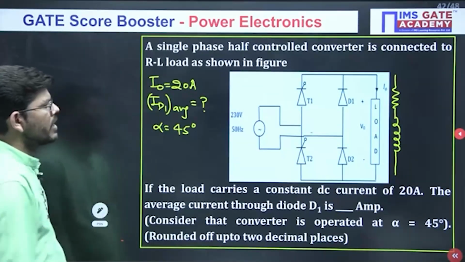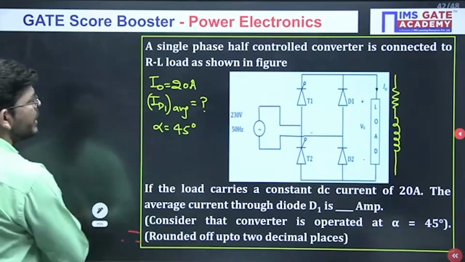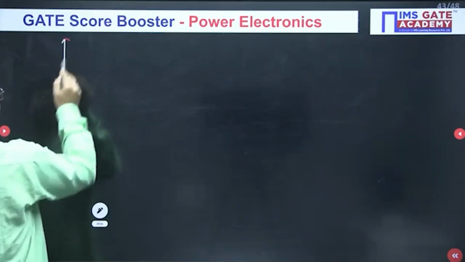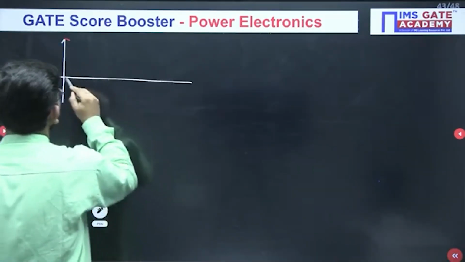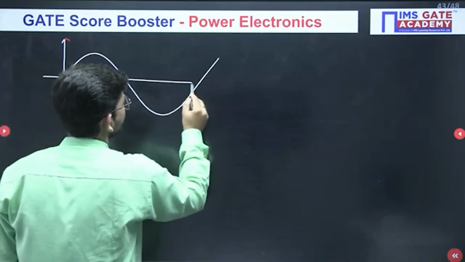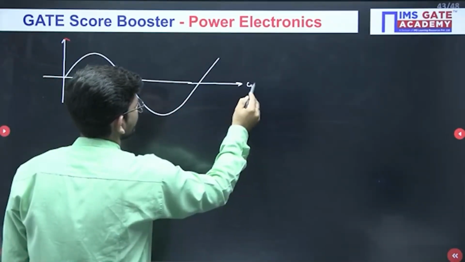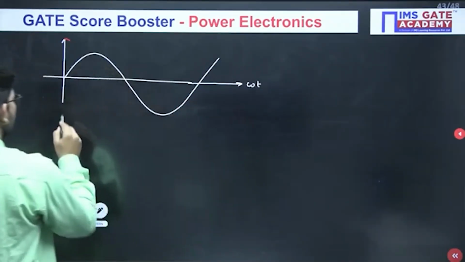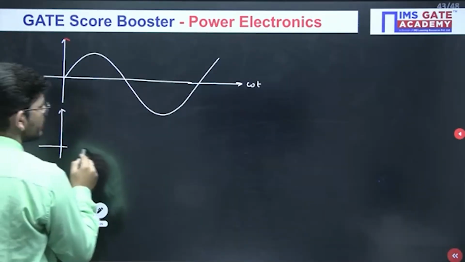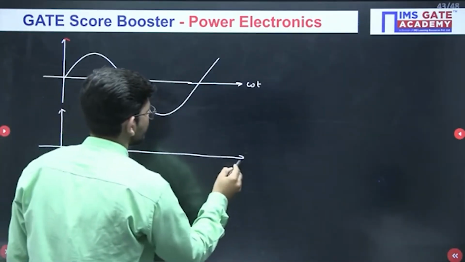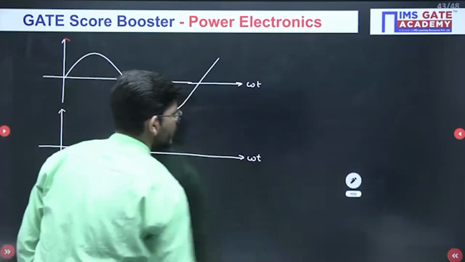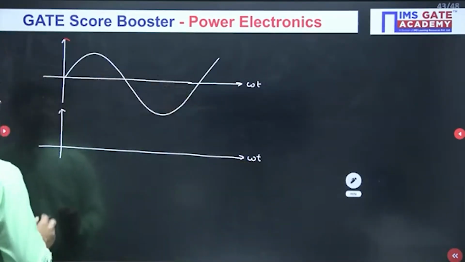So just see what we'll be doing here. Let me plot a sine wave first of all. So this is my sine wave. What I have to calculate here is the output.